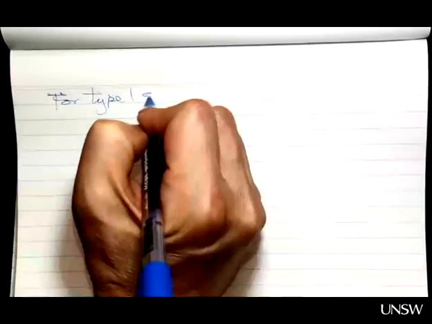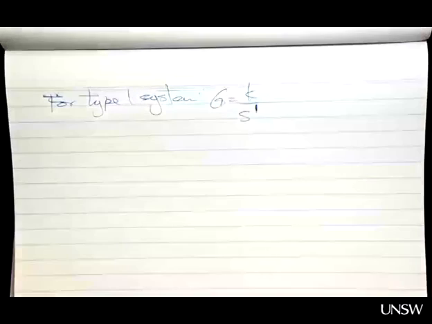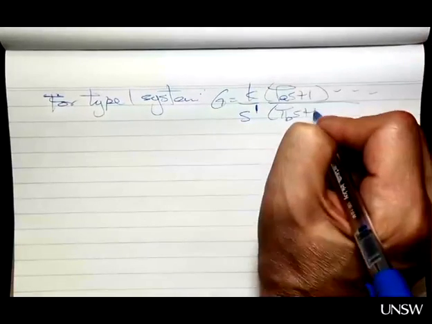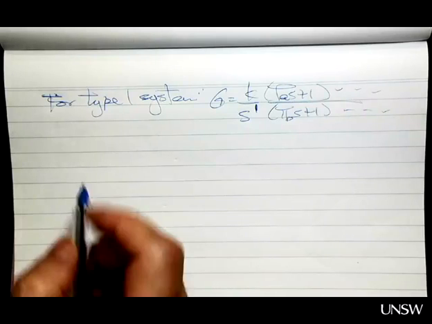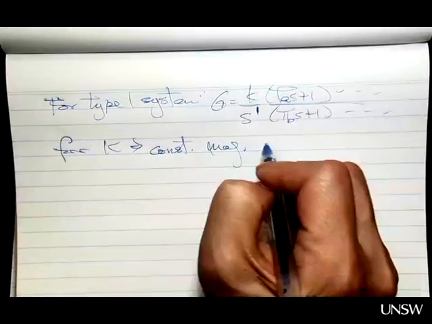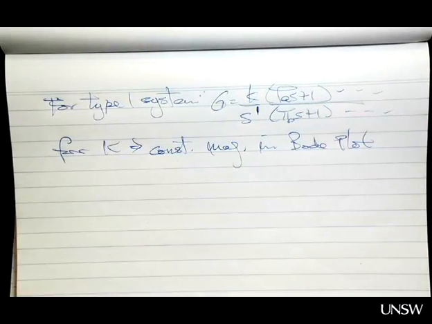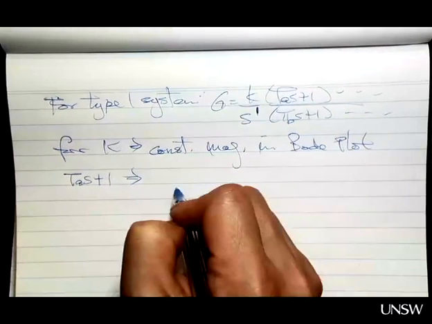Then for a type 1 system, we have G equals K over s to the power 1, and then T_A s plus 1, etc., and T_B s plus 1, etc. For the K, again it is constant magnitude in the Bode plot. For T_A s plus 1, we see that it is increasing.